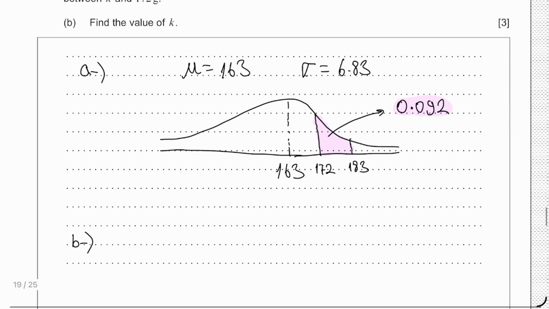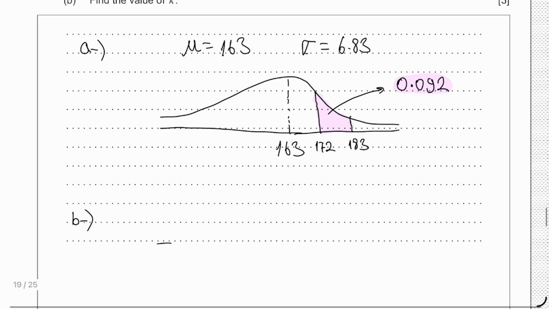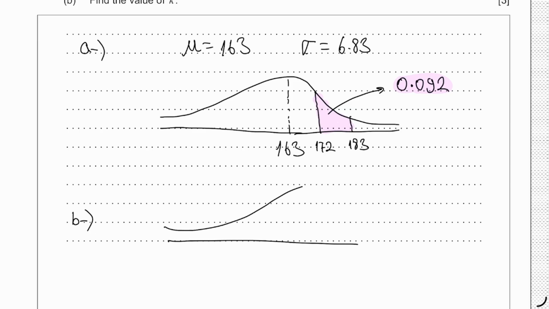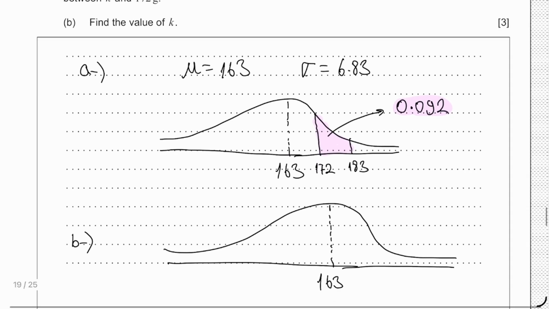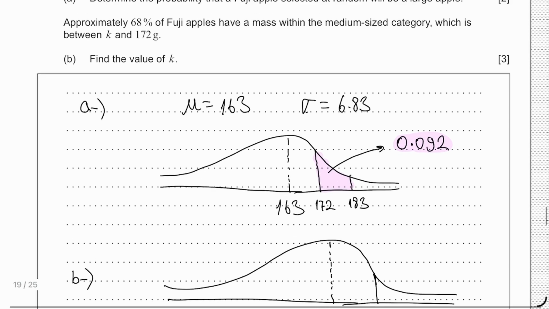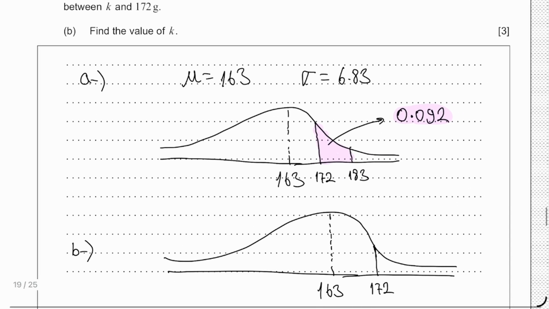Find the value of K. Let's sketch our graph. 163 is in the middle, the mean value. 172 is here. And we have another K value. I don't know where it is. Let's say somewhere here. It can also be somewhere else, but I'm just placing it randomly.